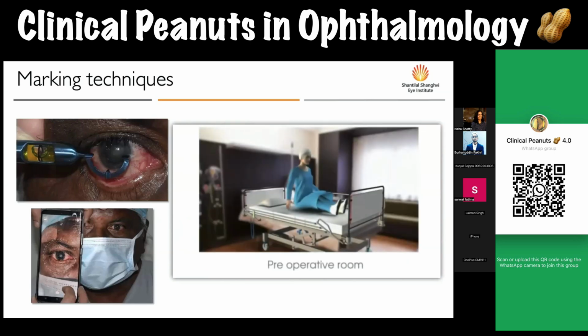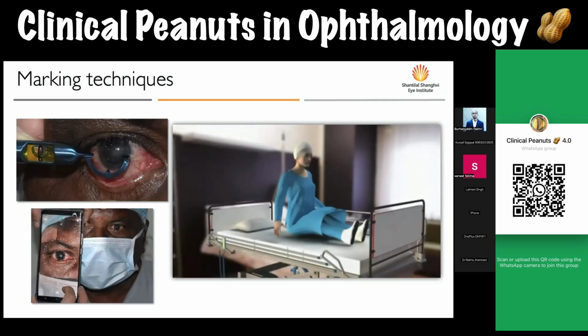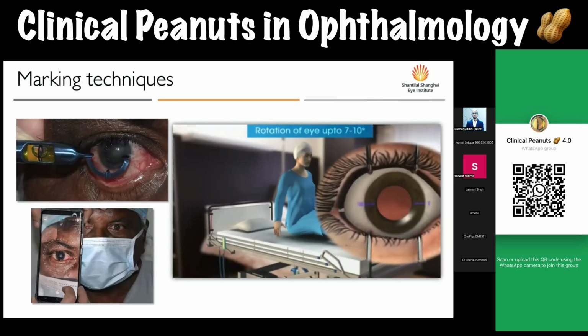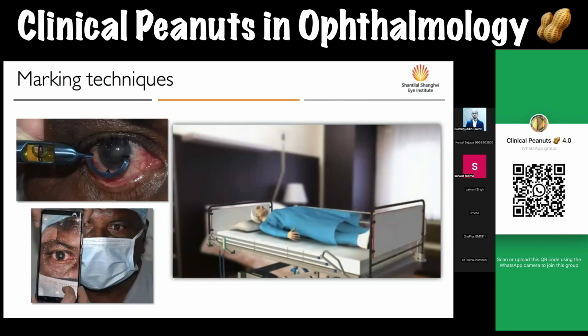Reference marking is done in preoperative room with patient sitting in upright position to avoid any error due to cyclorotation. Cyclorotation is natural rotation of eye up to 7 to 10 degrees when patient changes from sitting position to supine position, and that may lead to imprecise reference and axis marking, ultimately resulting in undesired visual outcomes post-operatively.